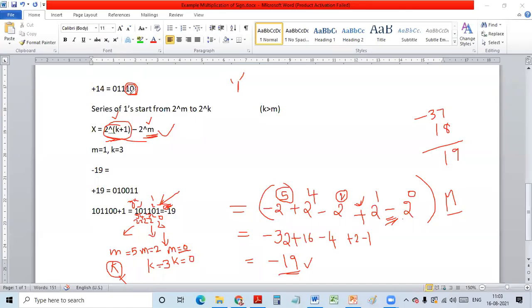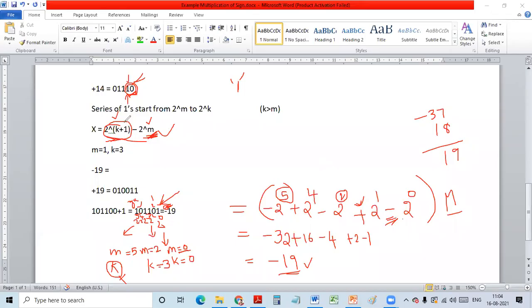Whenever you have encountered 1 0, the previous bit we assume as 0 and the present bit is 1, then we require to subtract, right? So 1 0 causes the m term, and you require to subtract. The shifted multiplicand needs to be subtracted from the previous product, which obviously we'll take initially as 0, right?